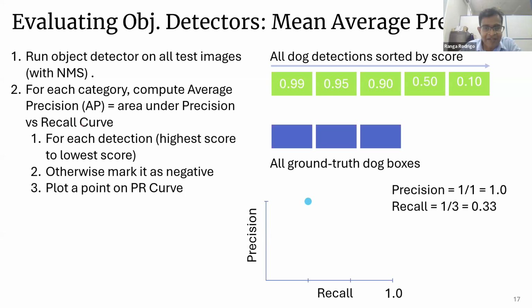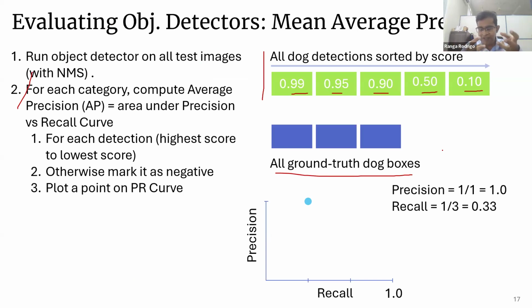Think about this: all dog detections sorted by score. Assume that we are detecting dog objects. All the dog scores are 0.99, 0.95, 0.90, 0.5, and 0.10. These are the detections, and there are also the ground truth dog boxes.